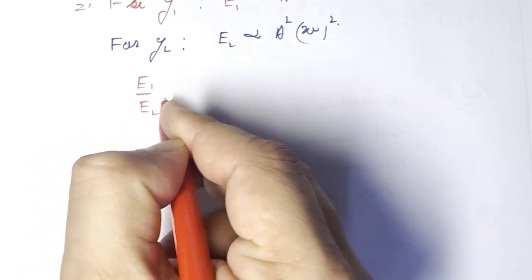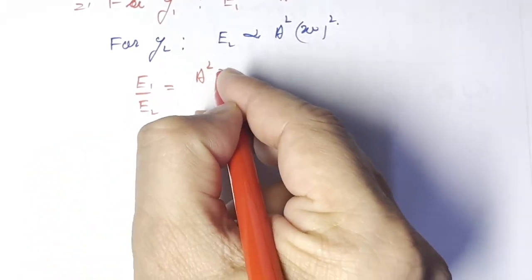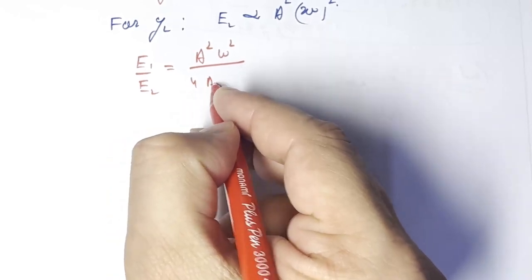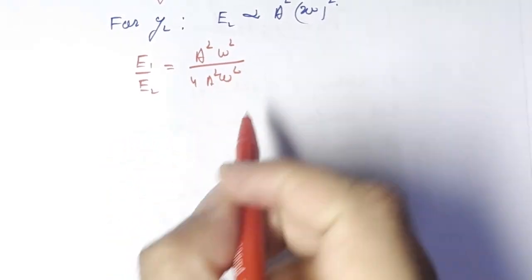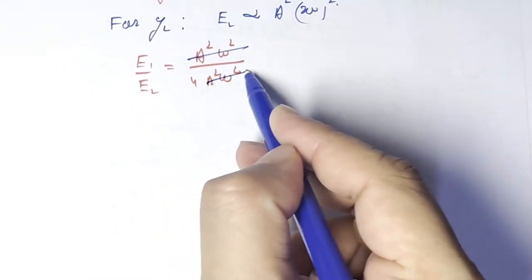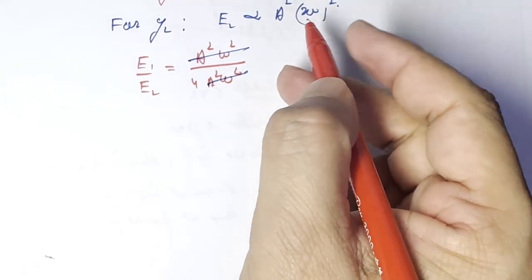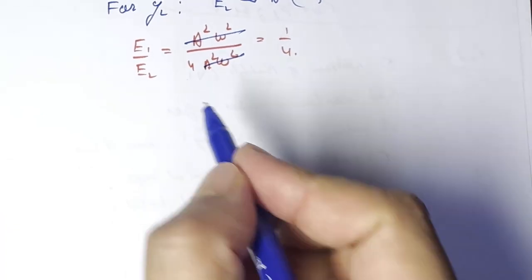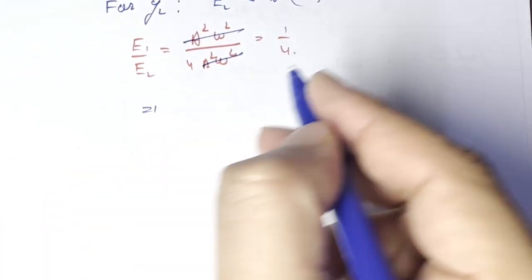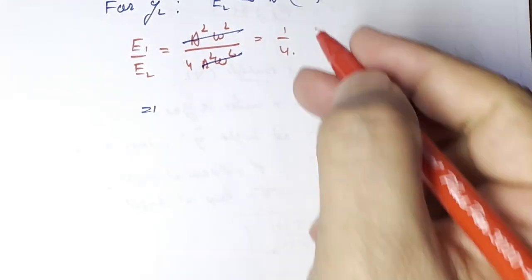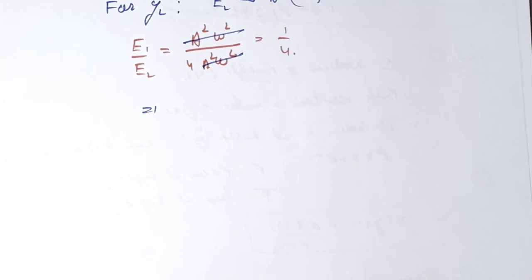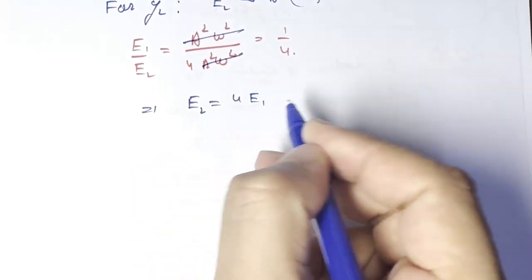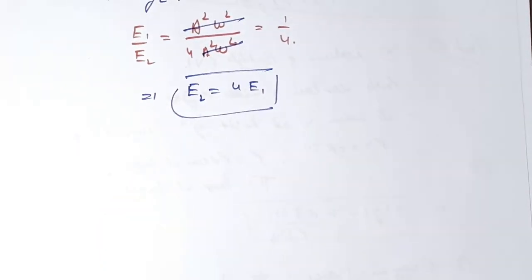E1 upon E2 will be equal to a square omega square divided by 4 a square omega square, and it cancels out. This comes as 1 by 4. So from here E2 is equal to 4 times E1.